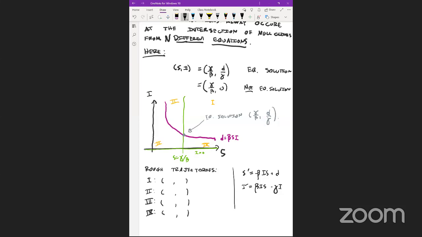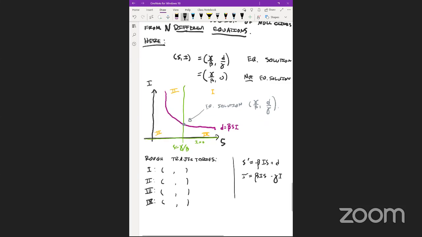So as an example, let's say region 1, right? So in region 1, let's assume that both S and I are very, very large.